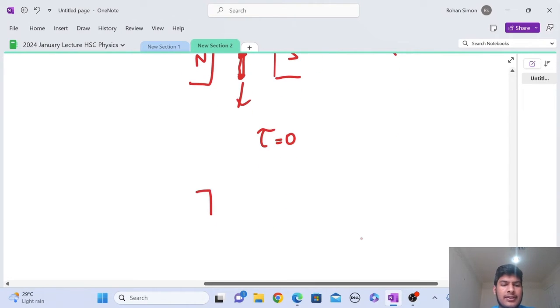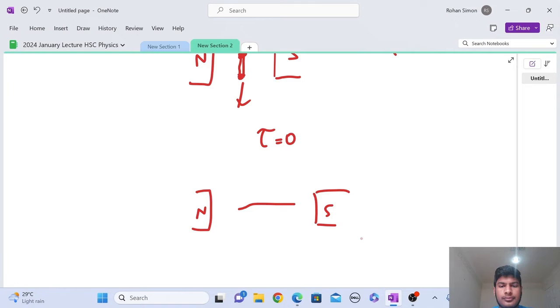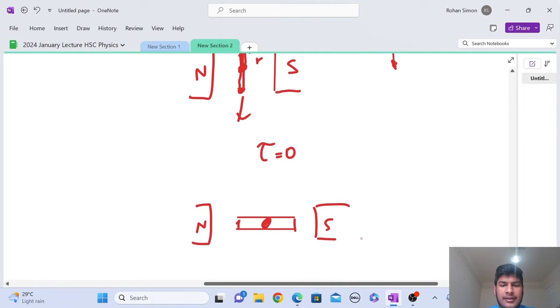Whereas at this position, where we've got the North Pole and the South Pole and the coil being flat like so, and this is a point of rotation, let's say we have the current going into the page here, out of the page here.